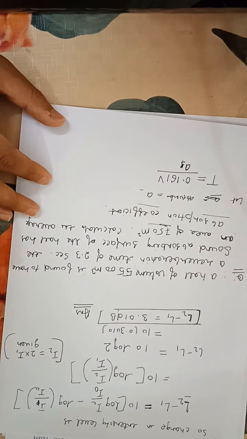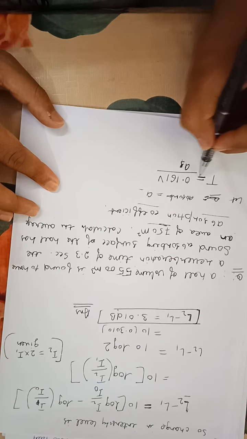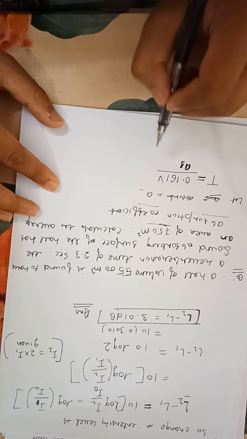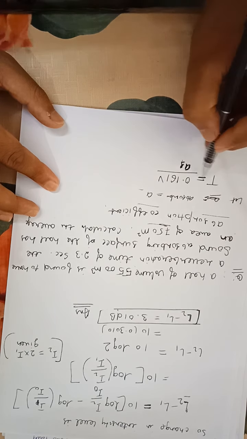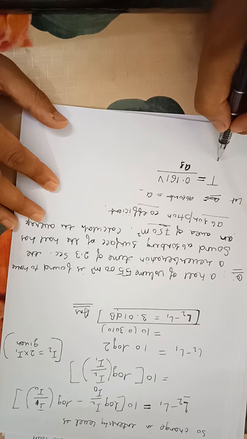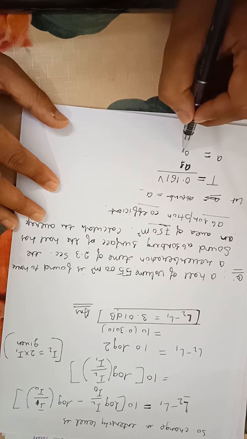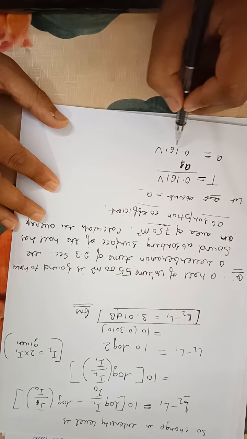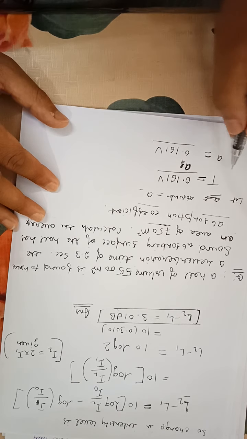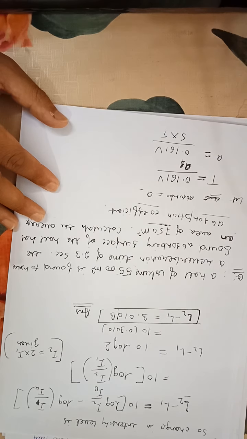now if we calculate, we have the area and we have to find out the absorption coefficient. So we rearrange the formula like this. A is equal to 0.161 V by T, so S into T will come here.